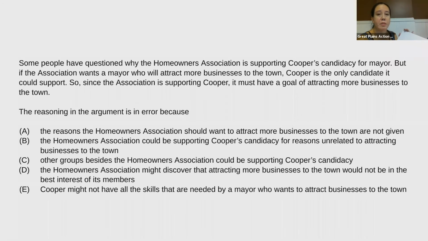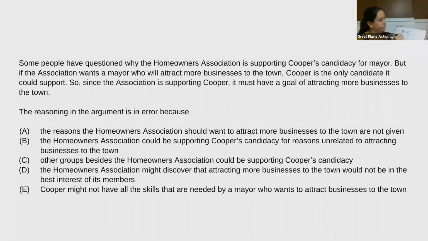All right, so we have, if the association wants a mayor who will attract more business to the town, Cooper is the only candidate it could support. So if they want to attract more business, then Cooper is the only candidate it could support. And we see the word only. We can take that as a necessary condition indicator. So if they want to attract business, then they need to support Cooper.